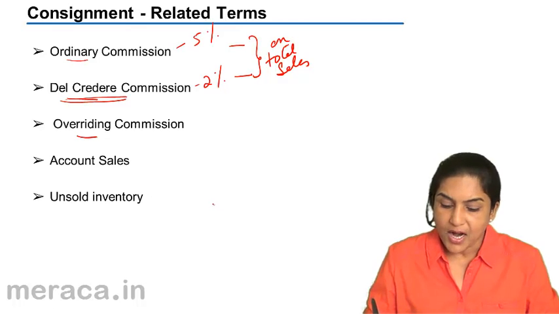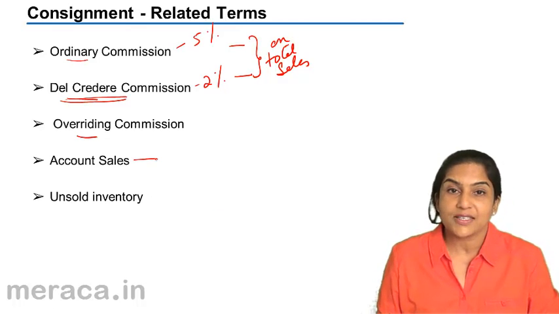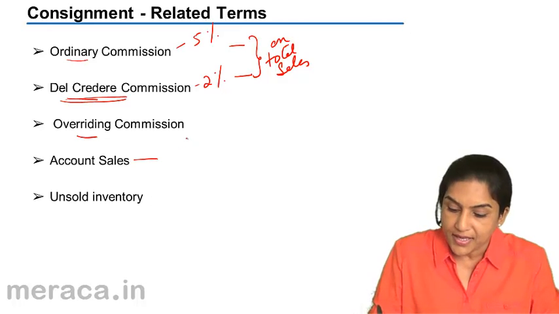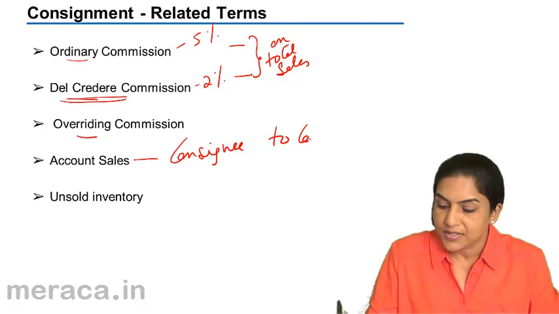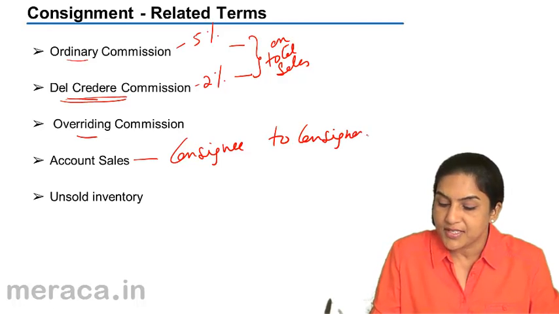Next, what is an account sales? An account sales is a statement which is sent by the consignee to consignor. What does this contain?